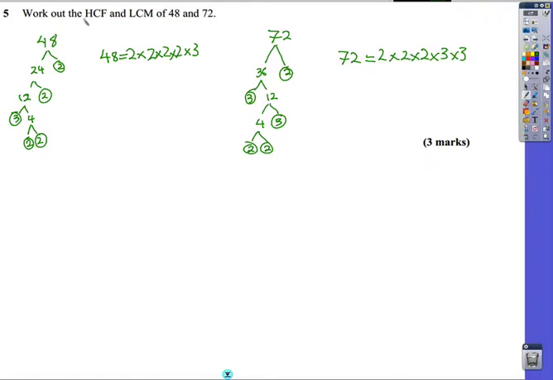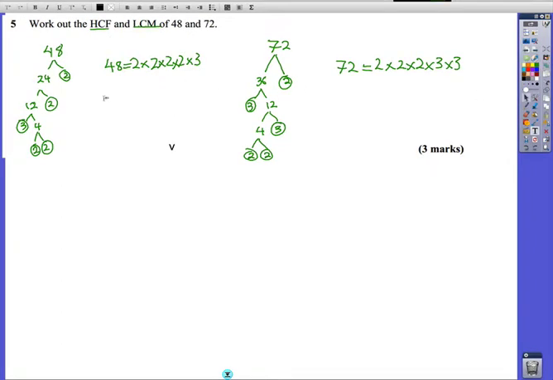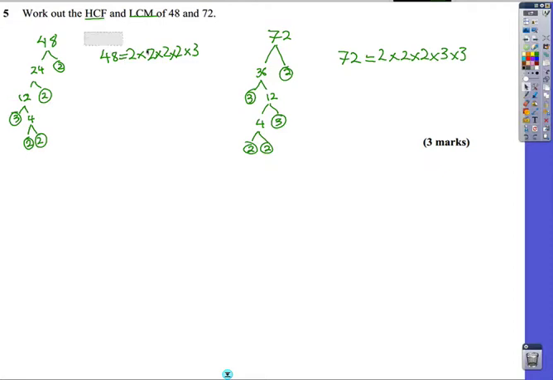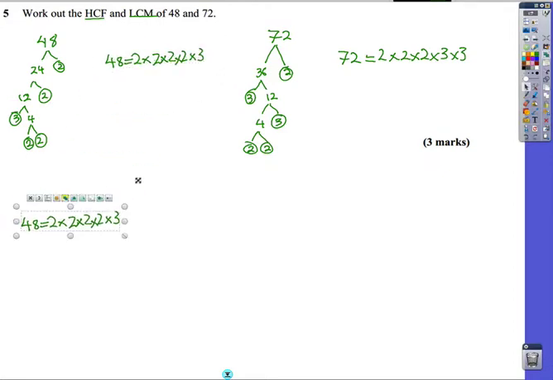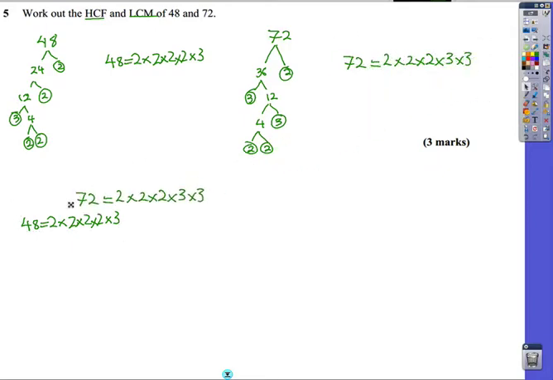So we need to find the highest common factor and lowest common multiple. So far, this is just part of our working out. I'm going to rewrite 48 and rewrite 72, because now we need to draw our Venn diagram.